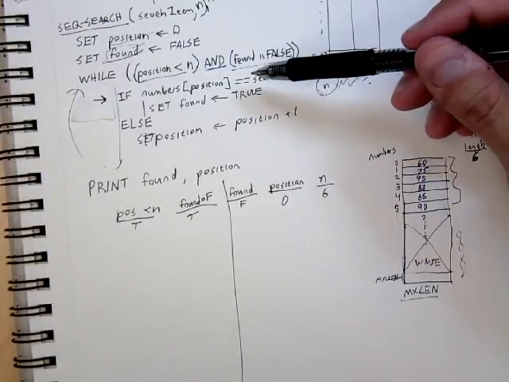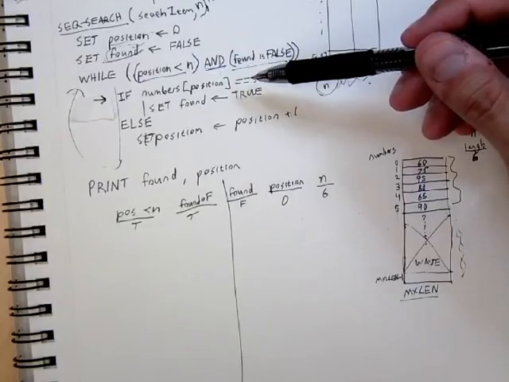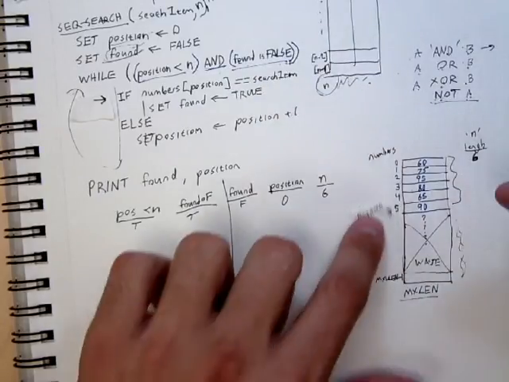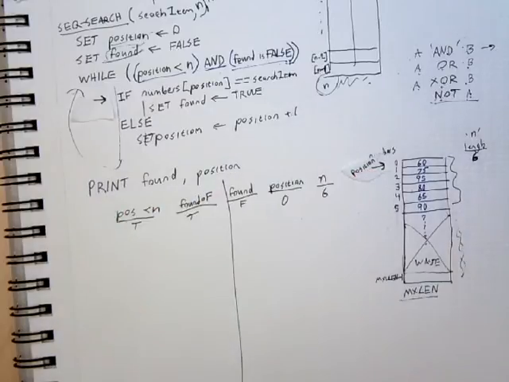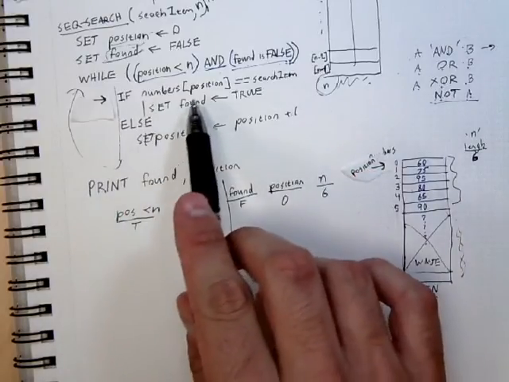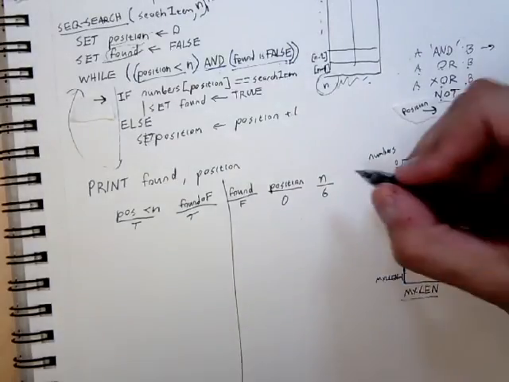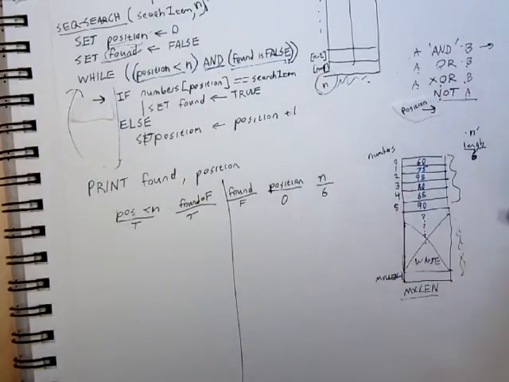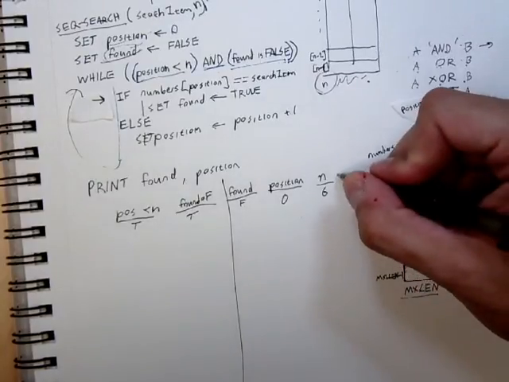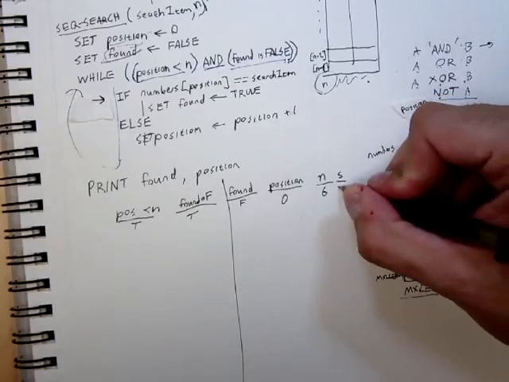We're going to check whether numbers at position, and by the way, position here is 0, is equal to search item. I didn't say what we're searching for. Let's imagine that we are looking for, let me see what the book looks for, let's imagine that we're searching for 76. So let me just do S for the search item, and we're looking for 76.